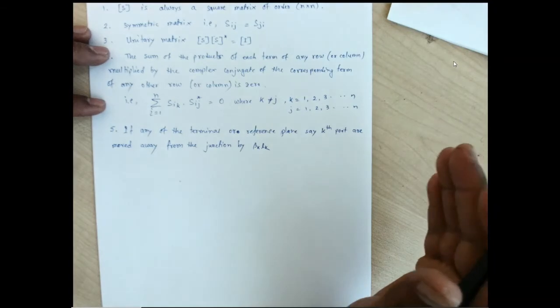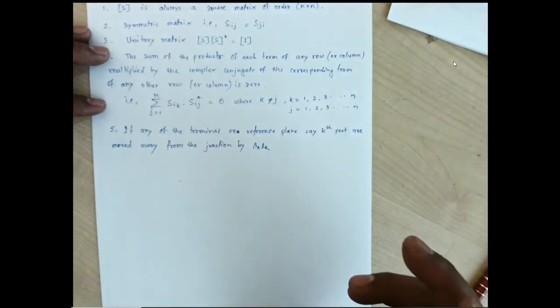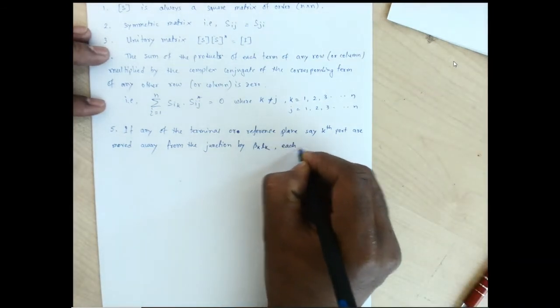Some port from the junction is moved by a distance of beta k lk, that is theta k, theta is the electrical length.